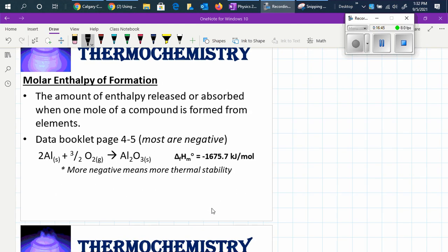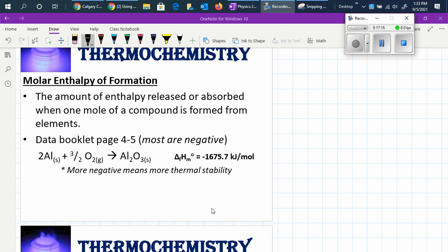Now, when we see the formation, what we see on pages 4 and 5 are the molar formation. Let's suppose that we have aluminum oxide. In our data booklet, it is a negative 1,675.7 kilojoules per mole.